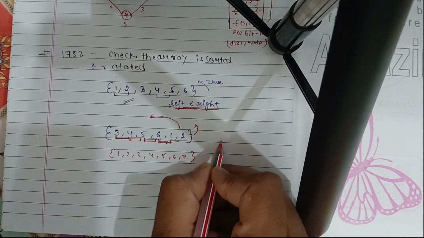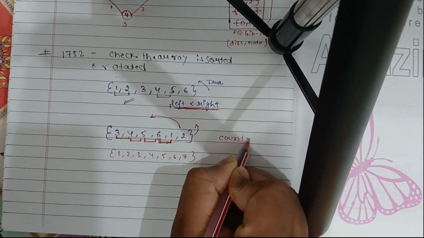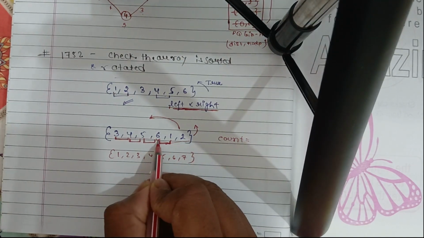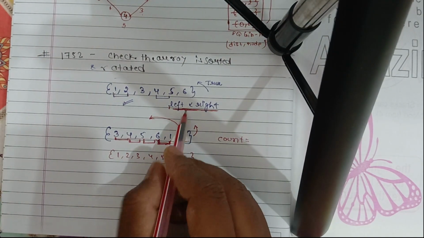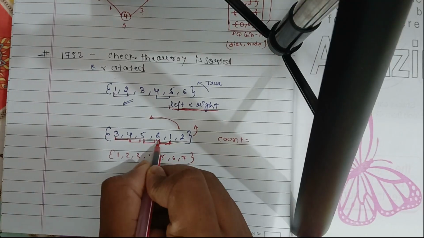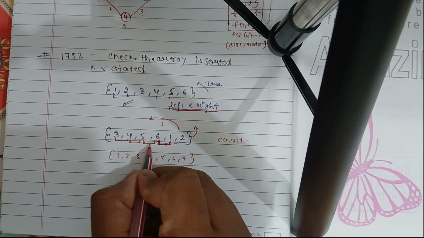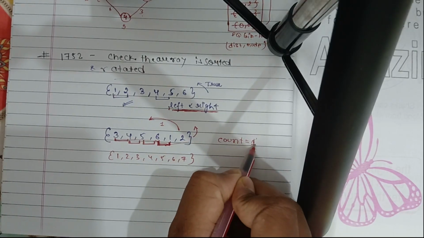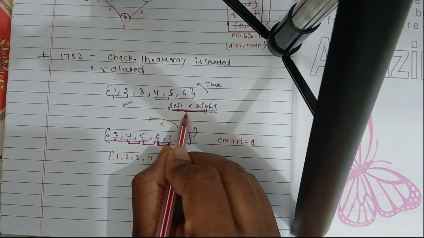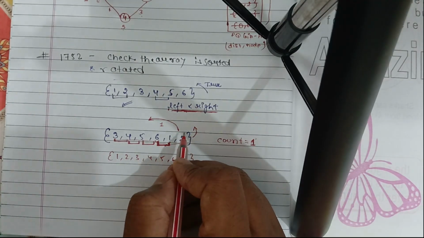So you can take a count that will tell you how many times it is not following the condition. We saw that it is only once in the array that it is not following this particular condition.